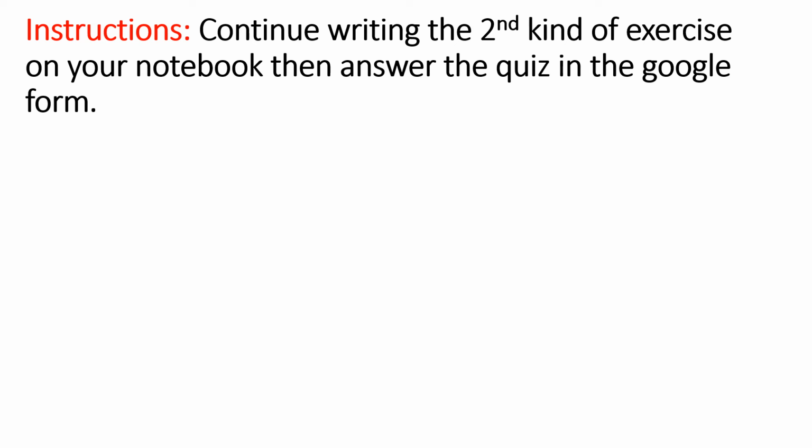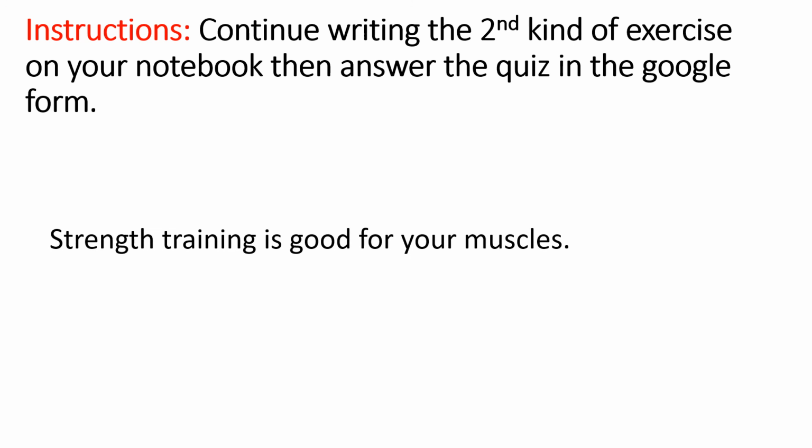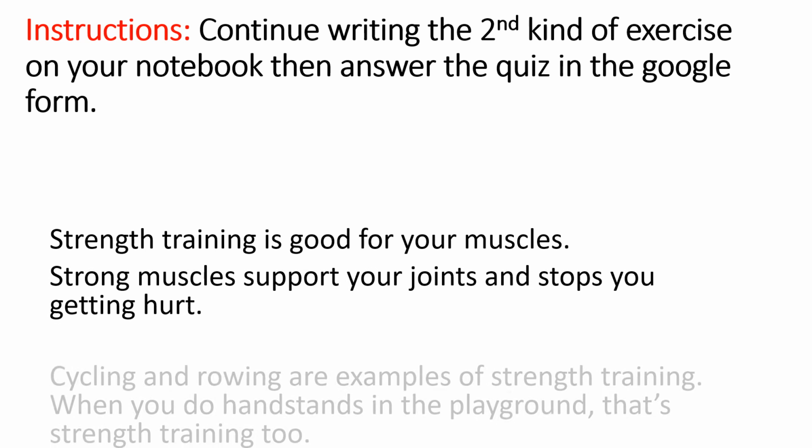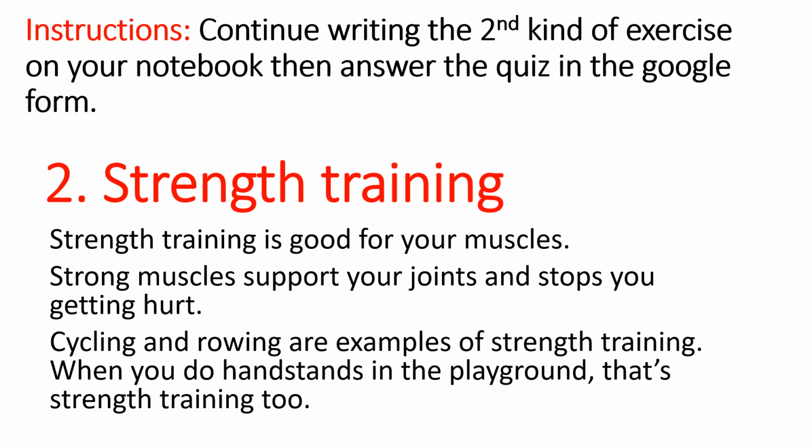So for your activity, you're going to continue writing the second kind of exercise on your notebook and then answer the quiz in the Google form. Okay? So kindly write this one on your notebook. Yesterday you wrote the first one, right? So today you're going to write the second one. Understood?